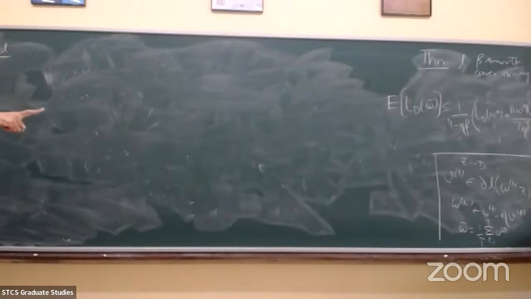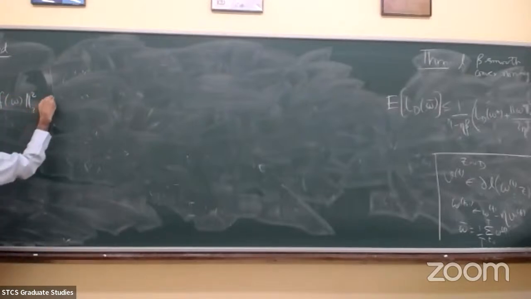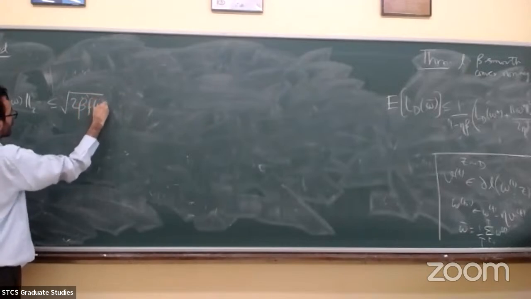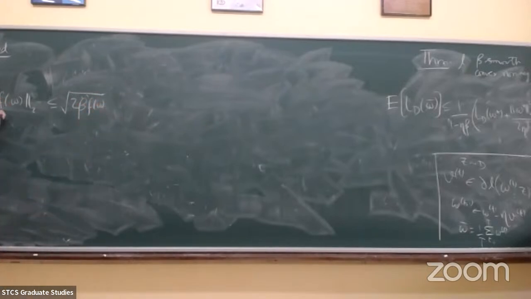If L is smooth, convex and non-negative, then we had self-boundedness, which said that if F is beta smooth, non-negative, and convex, then the gradient norm of F at w squared is at most 2 beta F of w. So the gradient cannot be very large compared to the function, it is bounded by the function itself. That was what we proved last time.